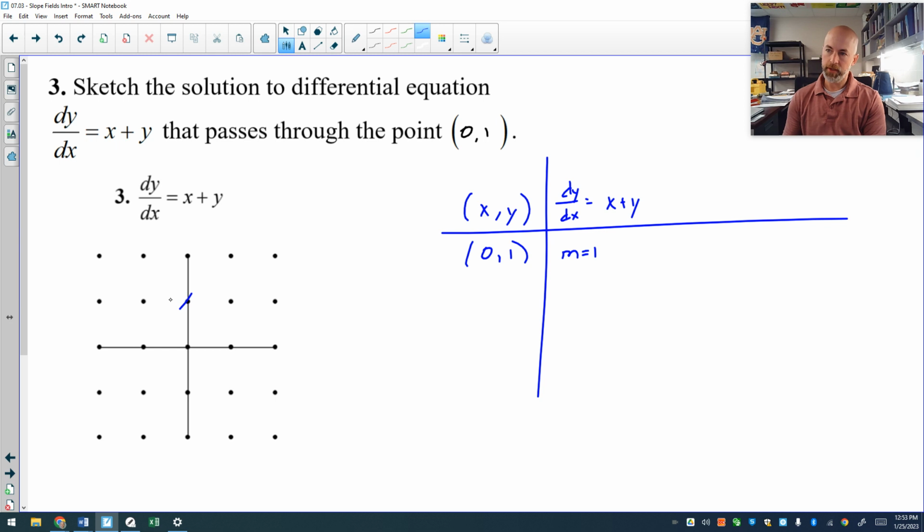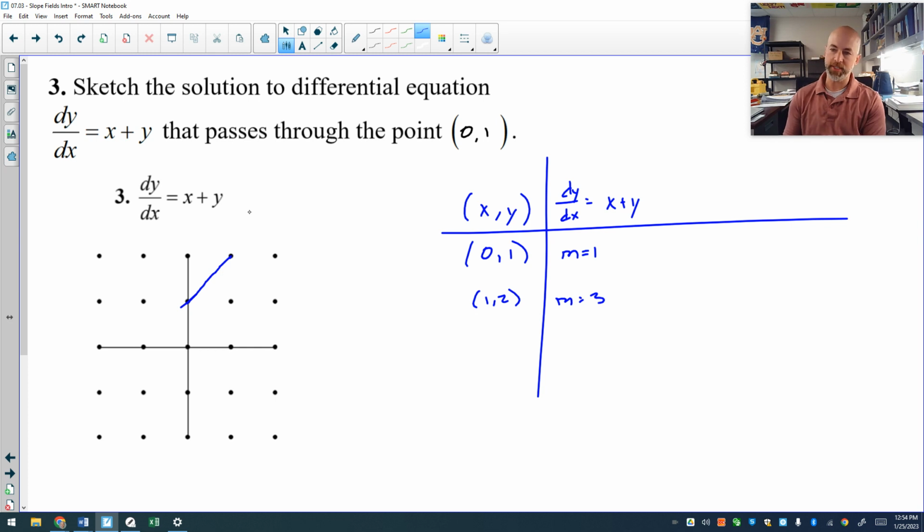Now I could extend that. If I know my slope is 1, I could extend that slope of 1 until I get to my next nice ordered pair, which in this case is the ordered pair 1, 2. And if I add those coordinates, I now have a slope of 3.